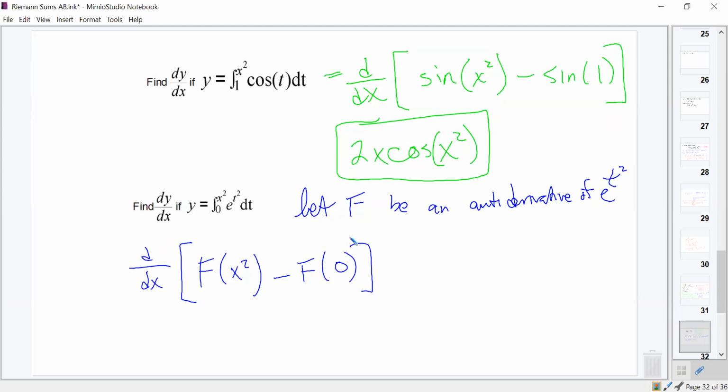And no matter what this capital F function actually is, when I evaluate it at 0, I just get a number. And when I take the derivative of that constant, it's just 0. So all I have left is the derivative of capital F of x squared. Well, that ought to be the derivative of capital F evaluated at x squared. So what's the derivative of capital F? Well, it's e to the t squared. So this ought to be e to the x squared, right? Because our upper limit is x squared, times the derivative of the x squared.